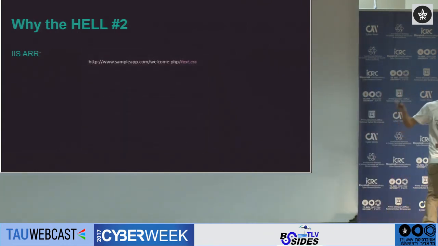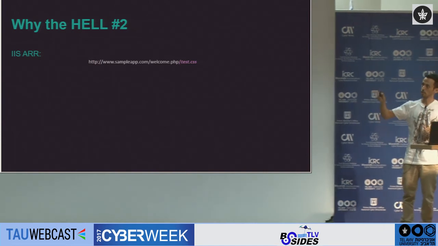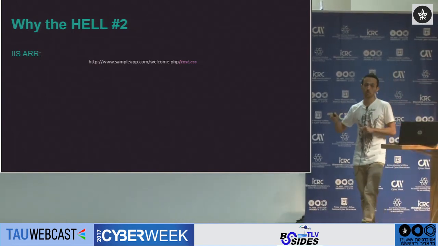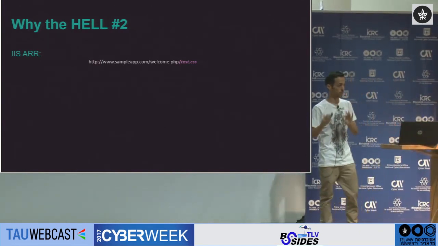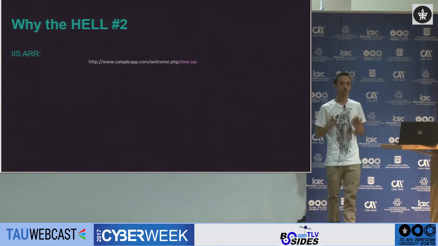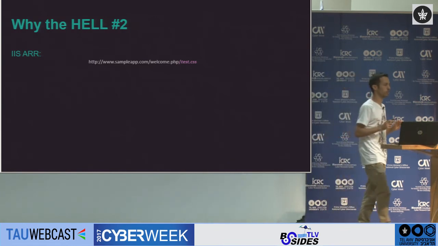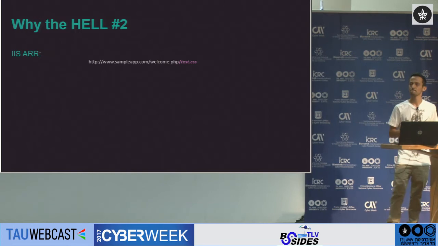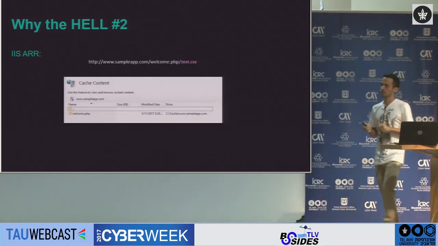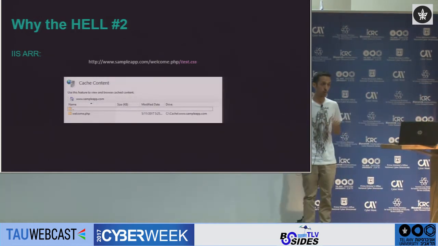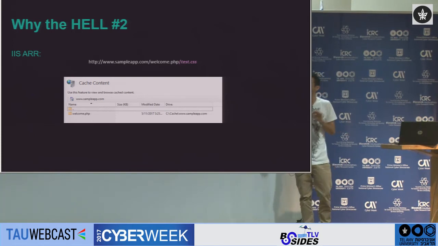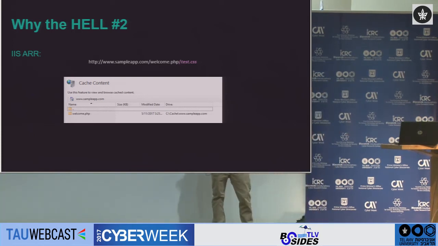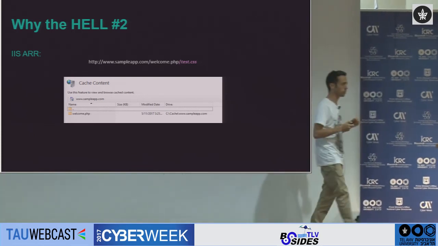Here you can see a triggering URL: samplelab.com/welcome.php, which is an actual page on the application, /test.css, a static extension. This file doesn't exist. In this case, if we look at the caching directory on IIS ARR, a new directory named welcome.php was just created in the caching directory.